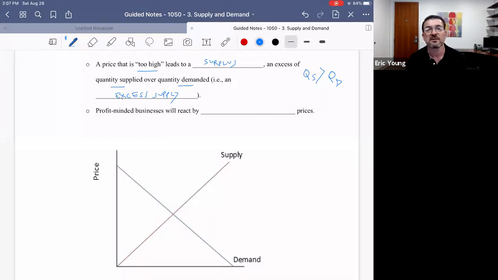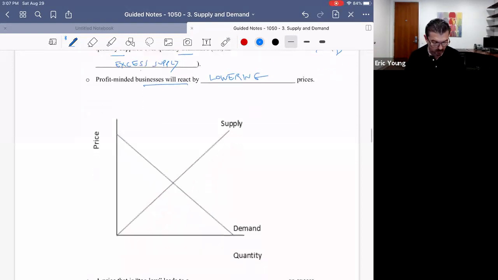And as a result of that, sellers, again, not acting because the government told them to, not acting to be nice, but out of their own selfish, self-interested behavior, if there's an excess supply, sellers are going to react by lowering prices, getting them from that too high point down toward a more stable equilibrium point.